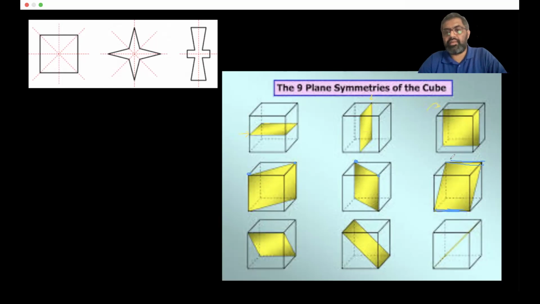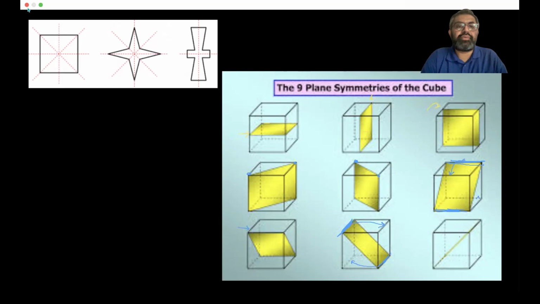Just bring this edge to this one and the bottom edge goes to the other bottom edge. So we get this plane of symmetry, and then change its orientation. We start from this side edge going to the bottom side edge, bring it onto this edge, and the bottom edge goes to that edge. So we get this plane of symmetry. For a cube, we have 9 planes of symmetry.